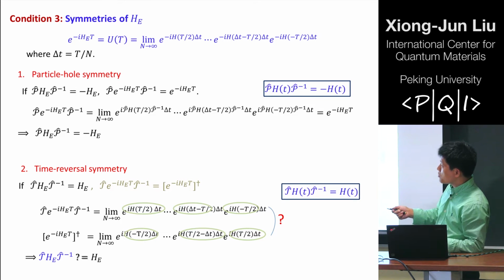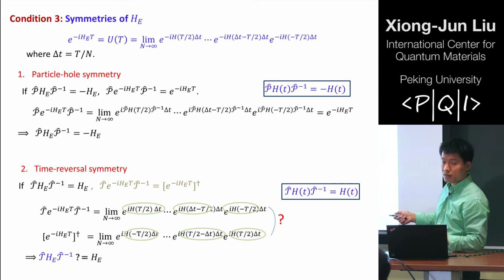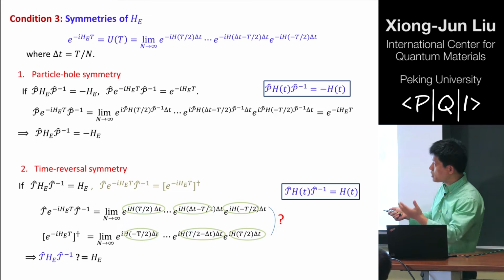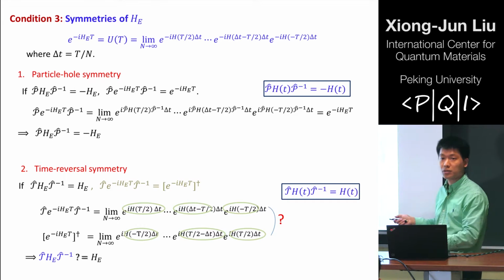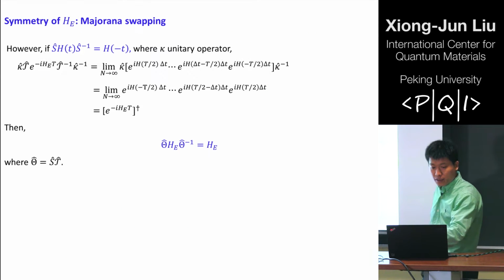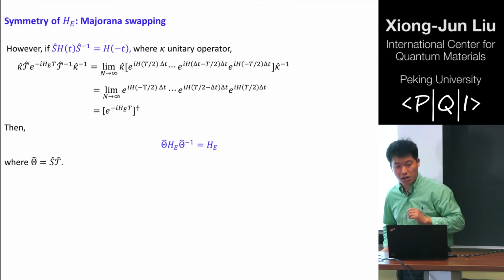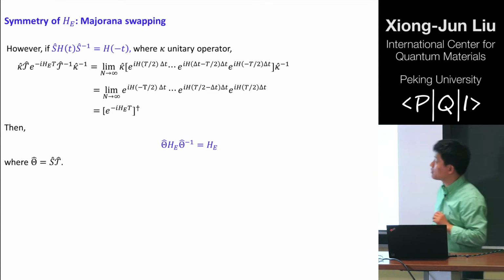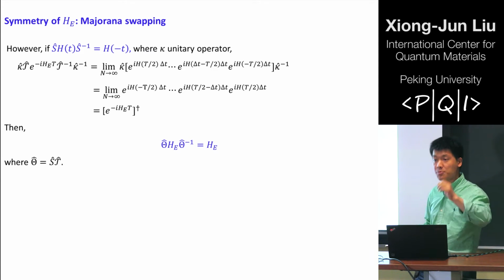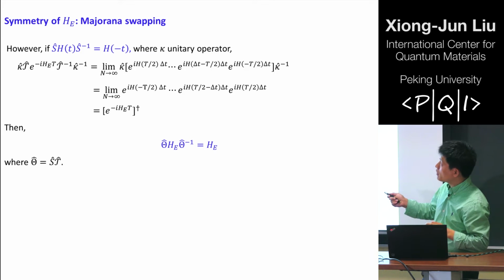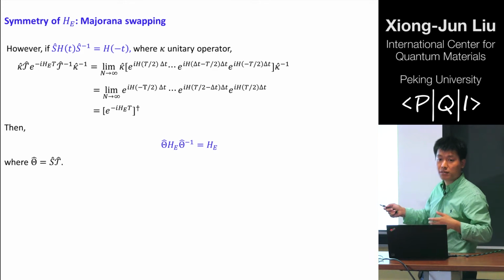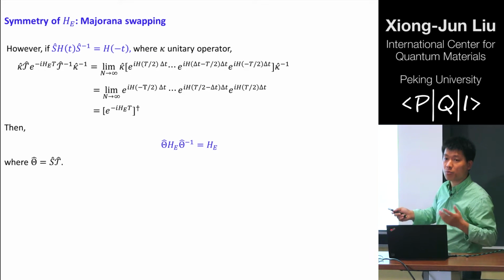However, time-reversal symmetry is different. It is protected for the original Hamiltonian, but in general not protected for the effective Hamiltonian. This is very different. Our requirement is to find a symmetry similar to time-reversal symmetry that the effective Hamiltonian again satisfies. So this is our motivation.